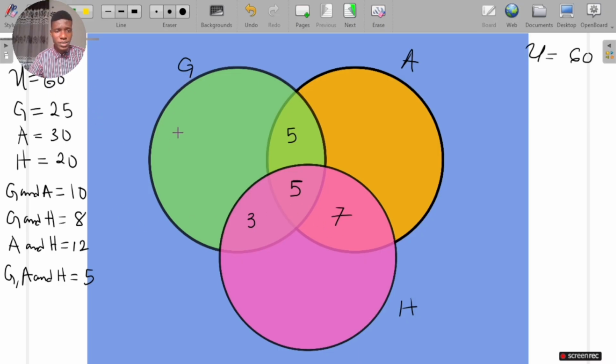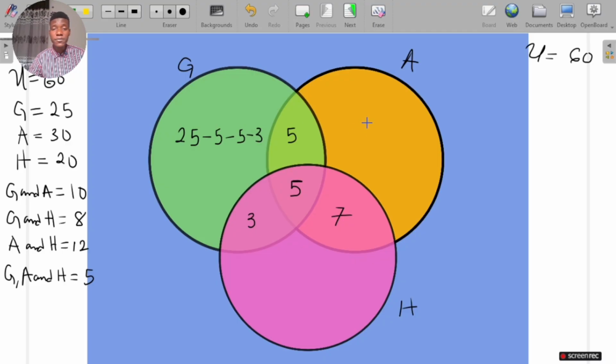Gospel only. When they counted those that listen to gospel, they already counted those that listen to the 3 and those that listen to the 2, provided that they also listen to gospel. So for us to get gospel only, we have to subtract everything inside G from 25. That is 25 minus 5 minus 5 minus 3.